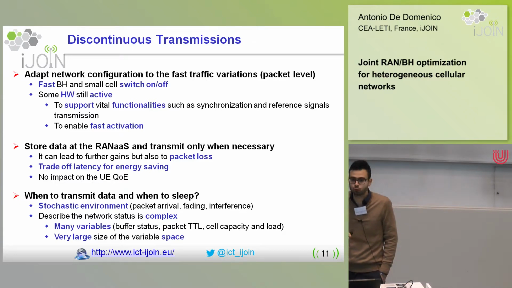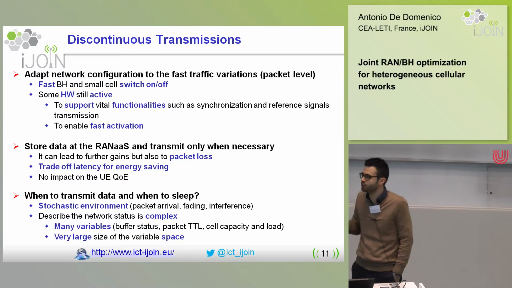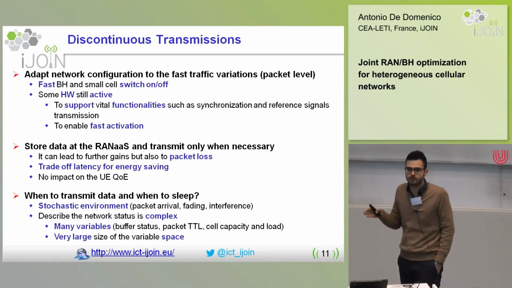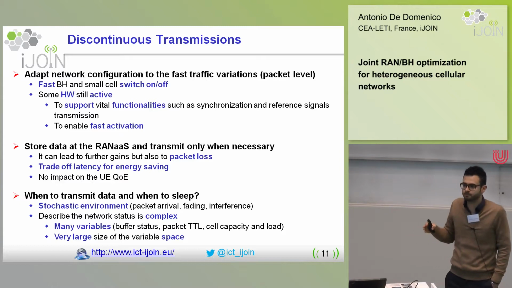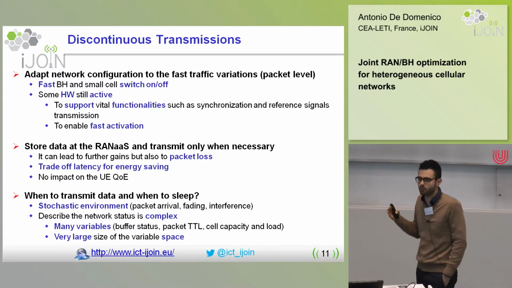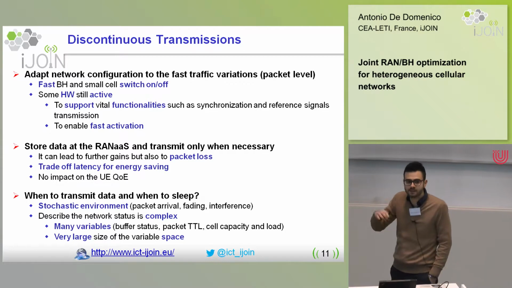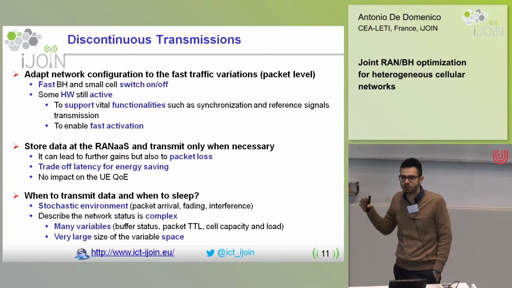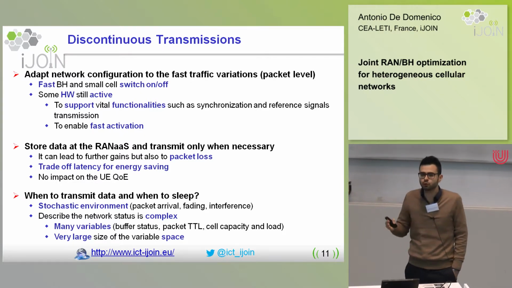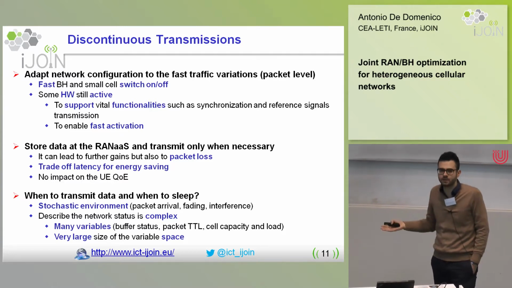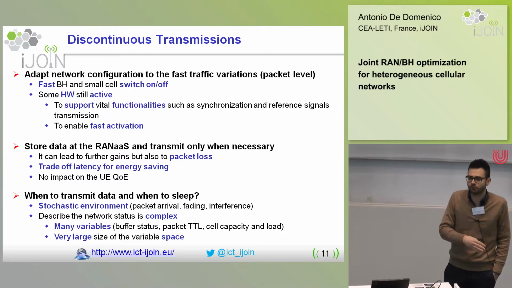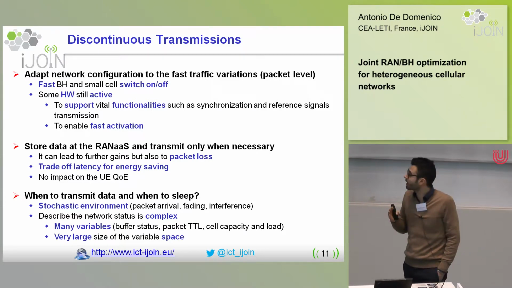So to support these functionalities, you need to have some hardware that, at both the backhaul and the small cell, is kept active. This is required to enable fast activation and deactivation of the small cell, but also to support some vital functionalities, like synchronization or transmission of reference symbols.